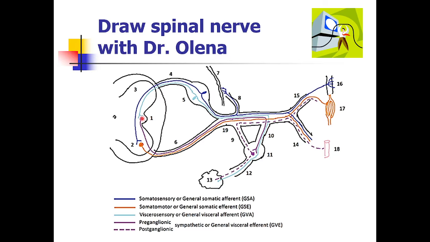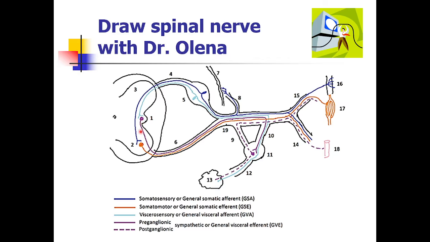They collect themselves into the nucleus we named IML. IML means intermediolateral. Intermedio because it sits in between the 2 major horns, and lateral because it shifts to the lateral side. And that's my neuron number 1. That is my sympathetic preganglionic. All sympathetic innervation starts from that place, from IML.